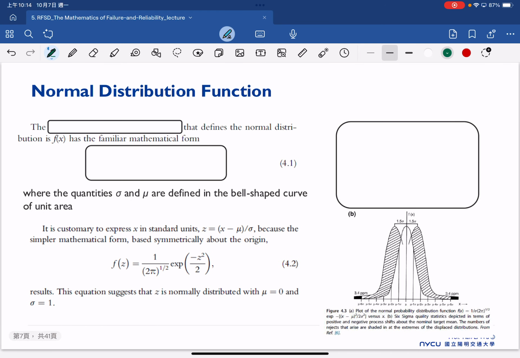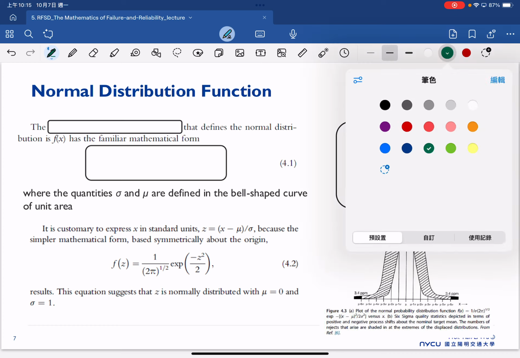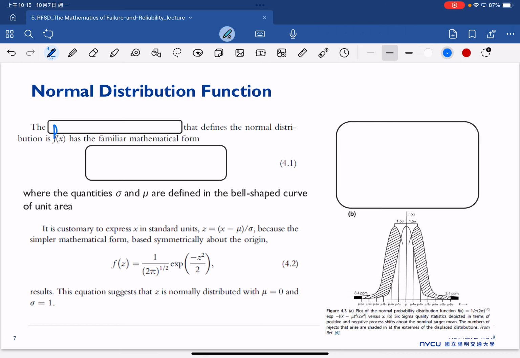Now we will start to look at a little bit of detail for the normal distribution function. The first thing we want to define, since we talked about the CDF, is another important function, what we call the probability density function. Generally, we just call it PDF.